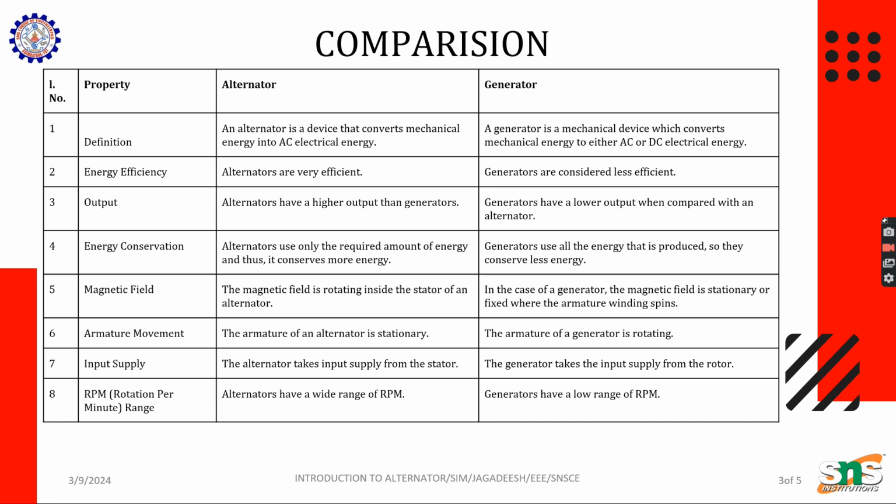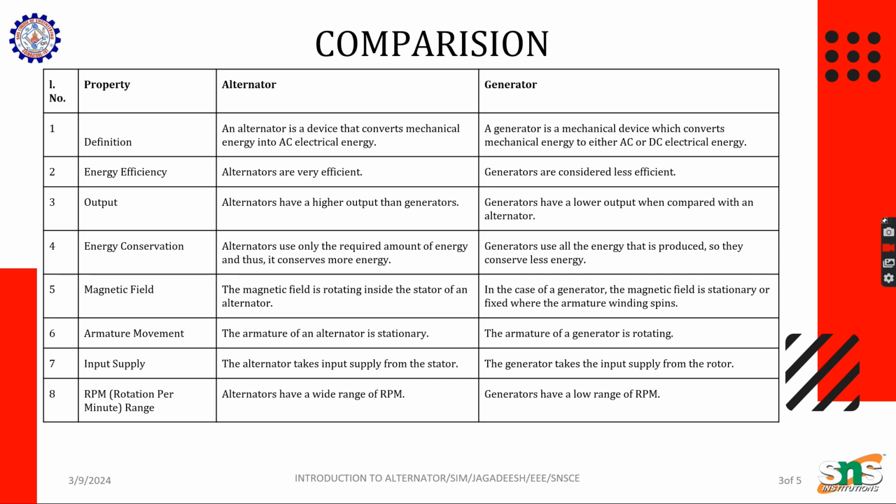The first is definition. The alternator is a device that converts mechanical energy into AC, but in case of DC generator, it can be either AC or DC electric energy, but the principle of working remains same. When we talk about efficiency, alternators are very efficient, and DC generators are considered less efficient.